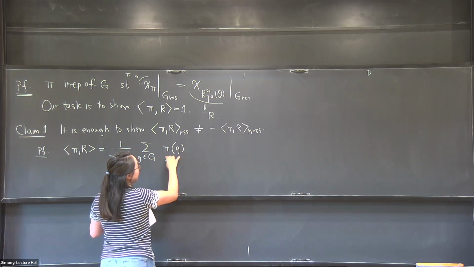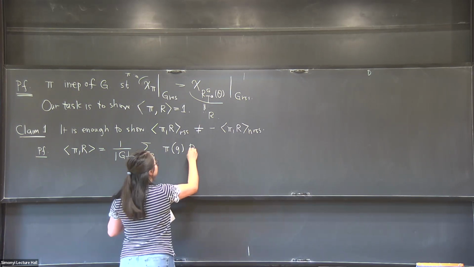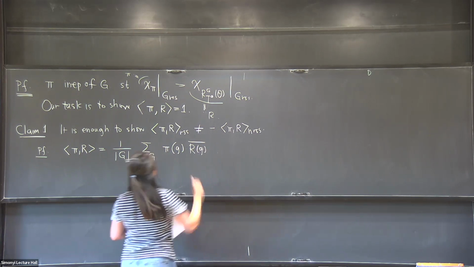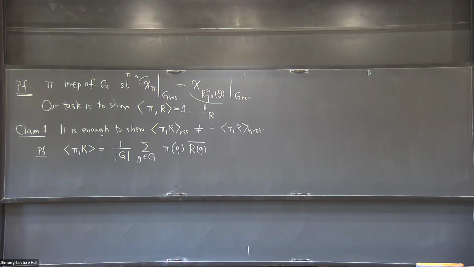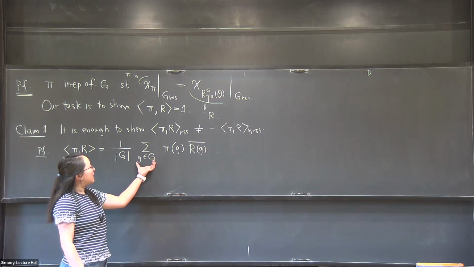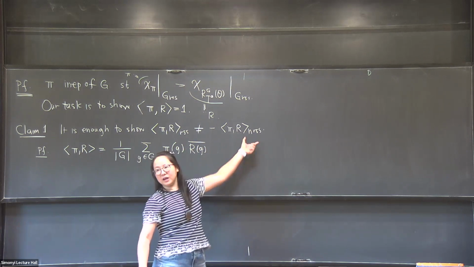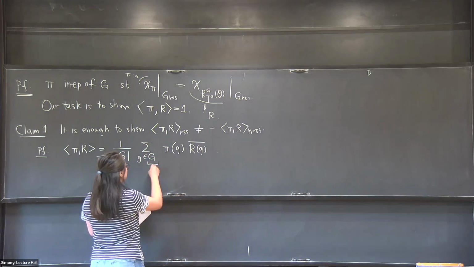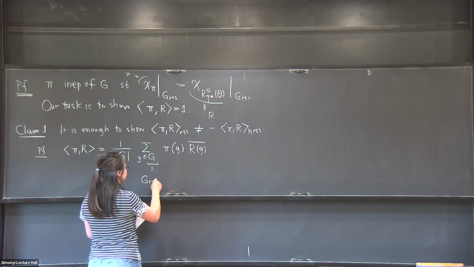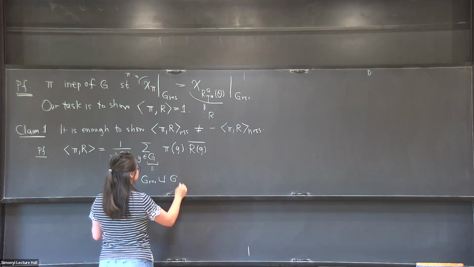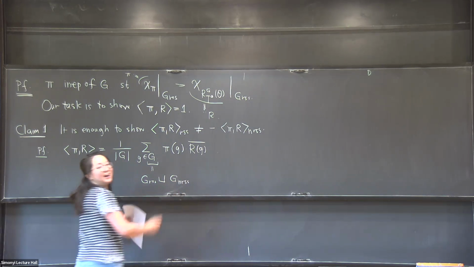So remember, we're taking characters of these things, times this number, bar. And just by definition. And what can I do to this sum? I can split the sum into the regular semi-simple part and the not regular semi-simple part. So this thing here is equal to G RSS, disjoint union, not RSS.